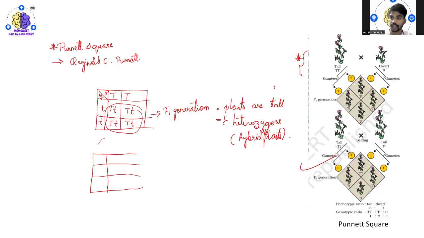You are going to cross it with itself. So when you cross the tall gametes, capital T and small t, again with capital T and small t, can I write here? If you're going to cross capital T and small t, and again capital T and small t.